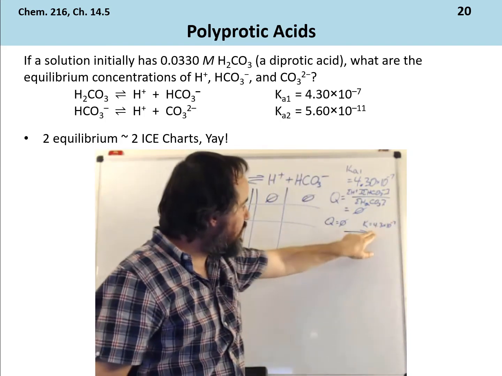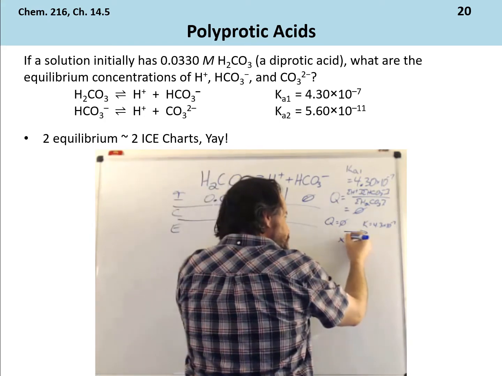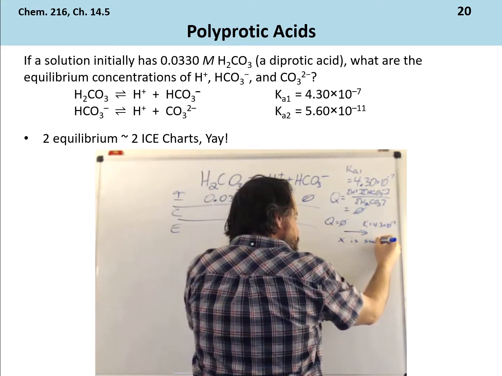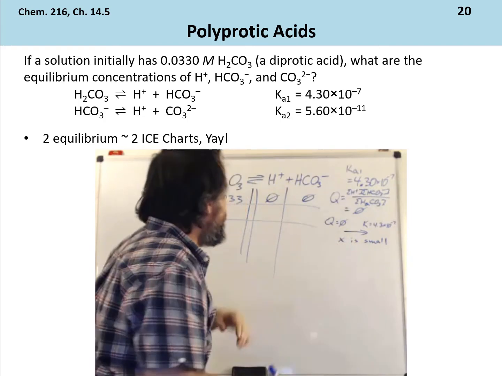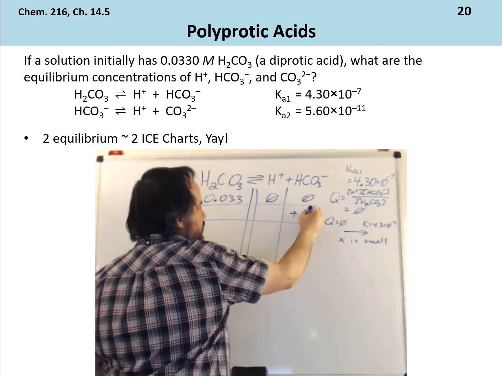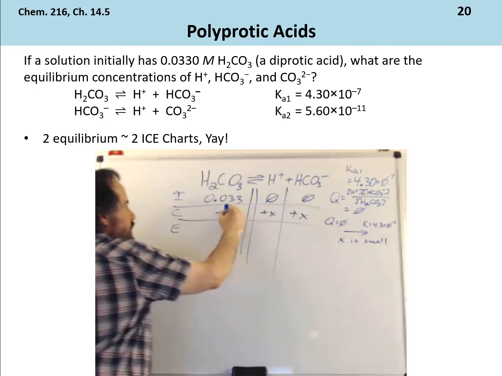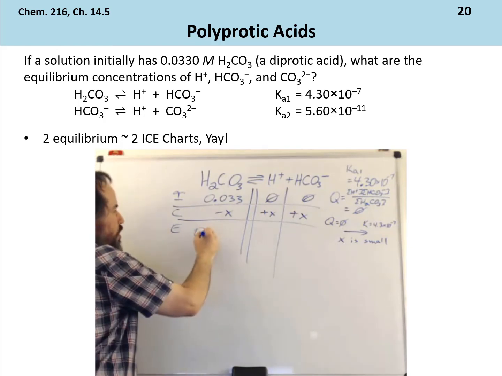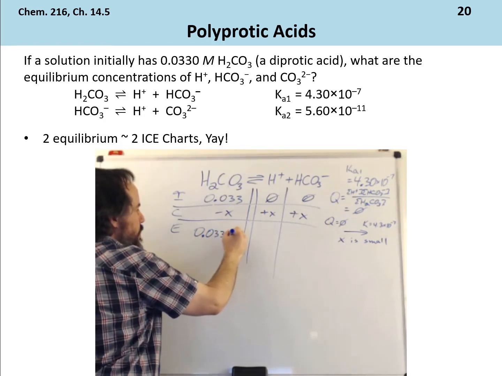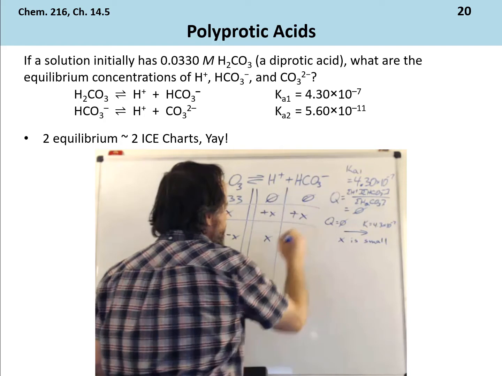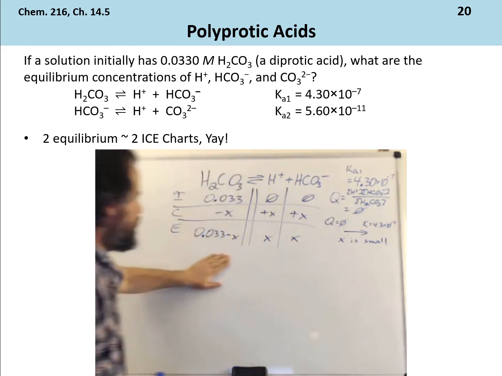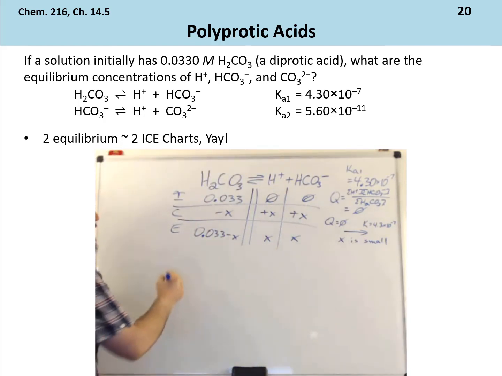But also notice that both these are small, so x is small. All right, so if it shifts towards the right, plus x, minus x. Okay, so 0.033 minus x, I have x, and I have x. Now I can go ahead and plug these in.